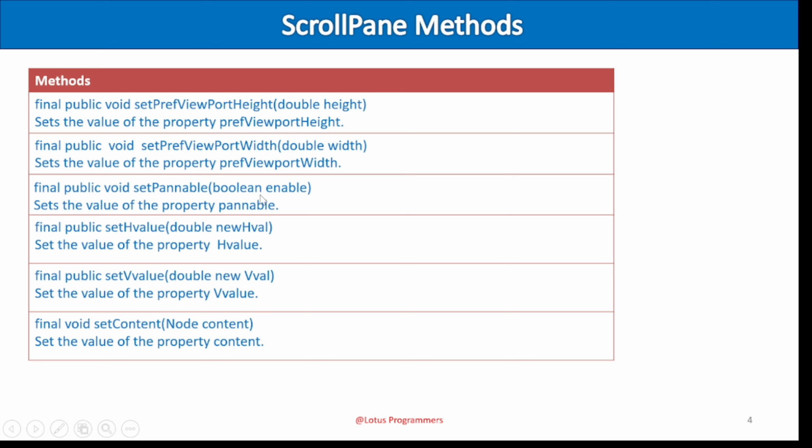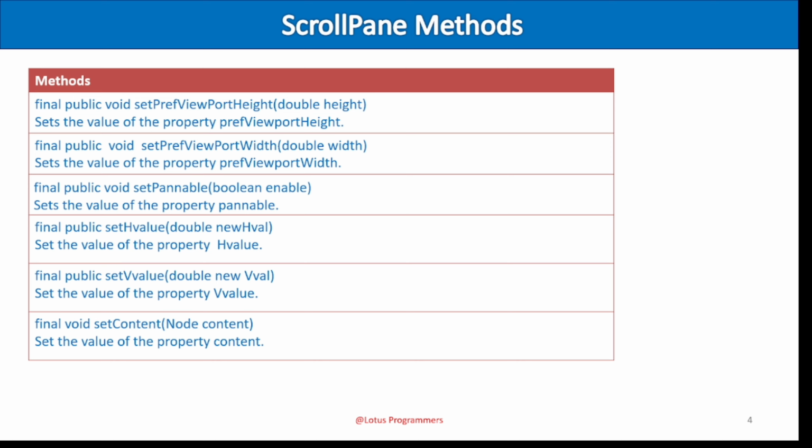As an argument, we will set true. If we set true in the set pannable method, the scroll pane property is pannable. That means we can scroll the scroll pane from the corresponding component. If the set pannable method argument is false, scrolling is not possible. That means we cannot scroll the scroll pane.